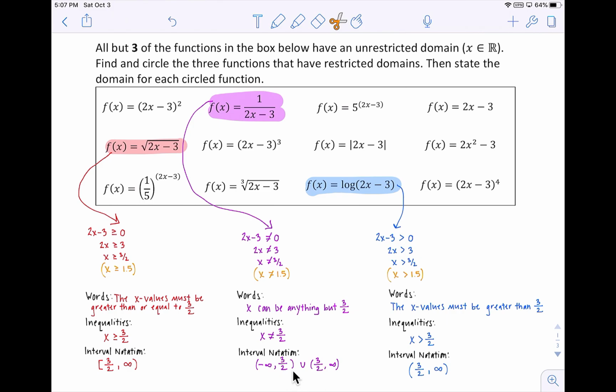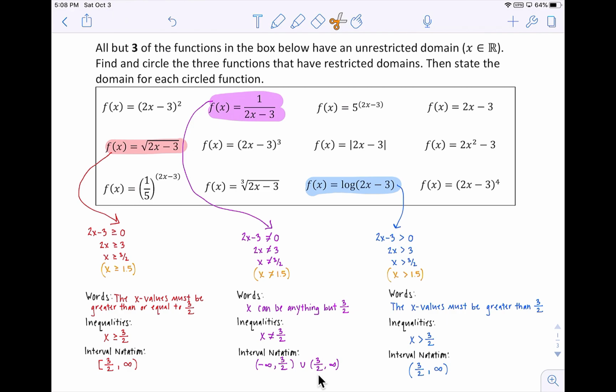It's almost kind of 2 separate mini domains that are united, and this is a symbol called union, united to form the domain of the entire function. So x can be to the left of 3/2, it can be to the right of 3/2, it just can't be 3/2 itself, and we're communicating that with that soft bracket, once again showing that we never actually hit the 3/2.